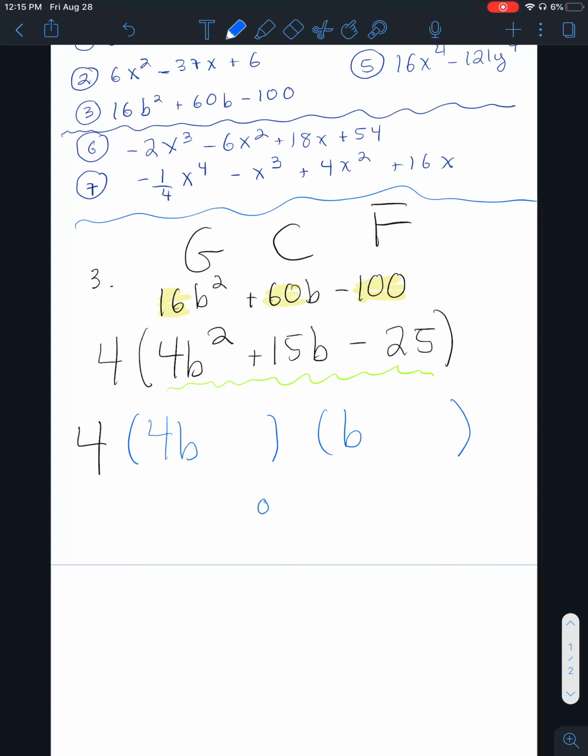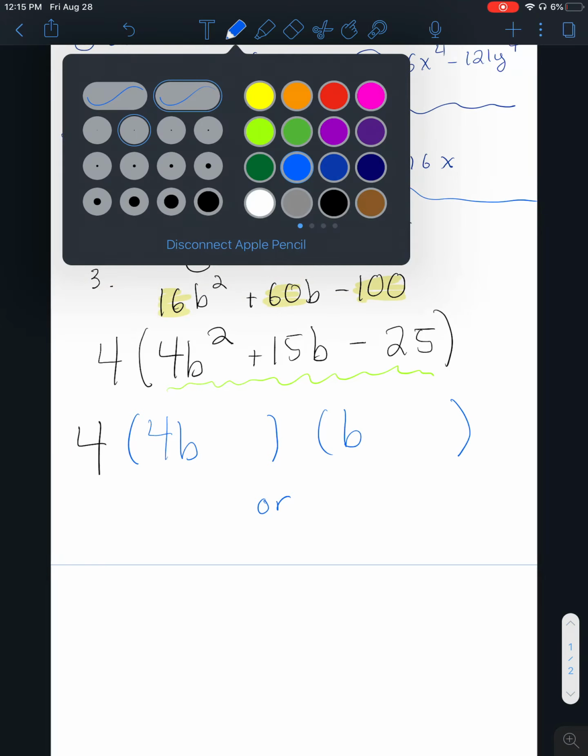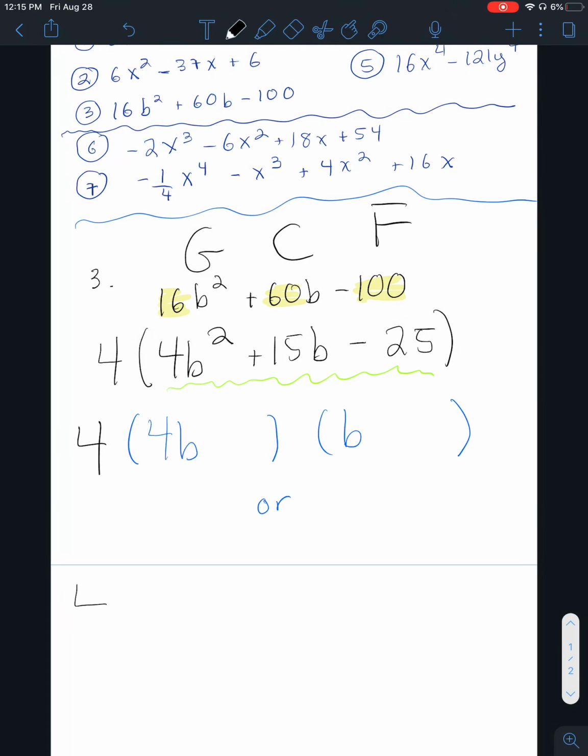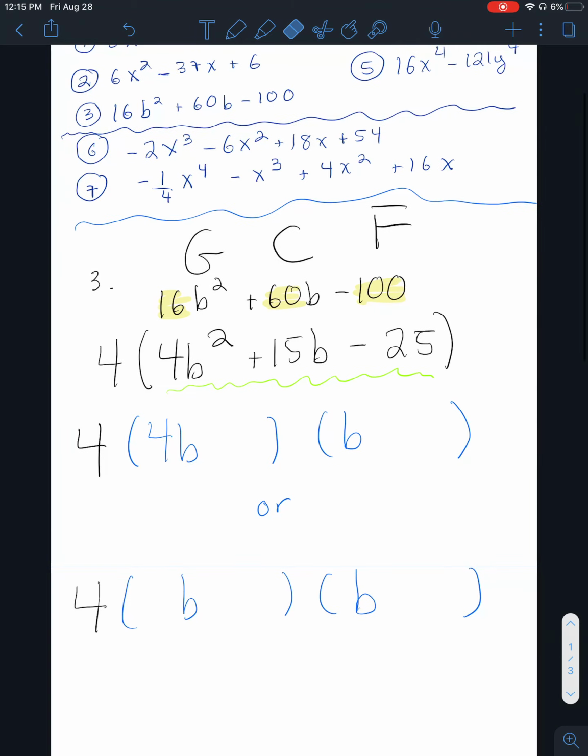So let me just go ahead and write both of them so you can look at it and maybe determine for yourself which one works better. So 2b and 2b.